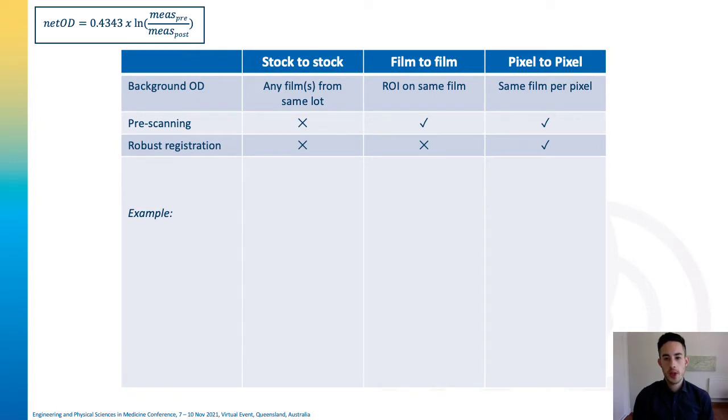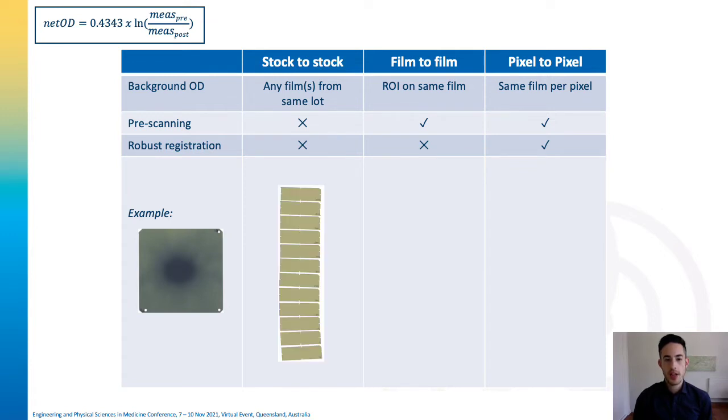In addition to the choice of film type, there is also a choice of how to calculate the net optical density for a given exposure, and specifically where to derive the background optical density. The first of the three methods that will be discussed in this talk is the stock-to-stock method. For this method, the background optical density can come from a region of interest on any film or films from the same film lot as the irradiated film of interest.